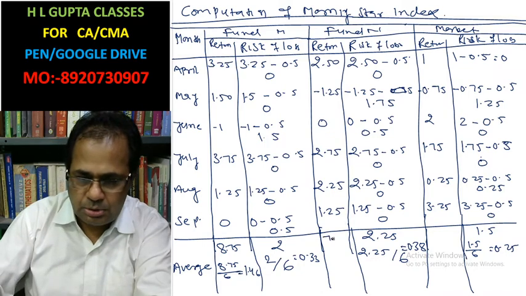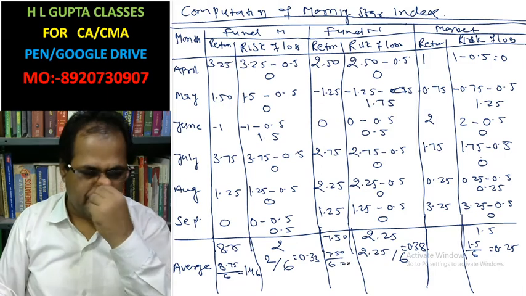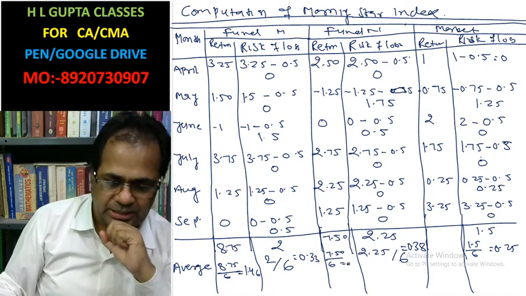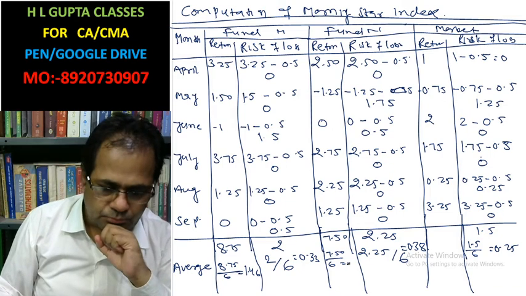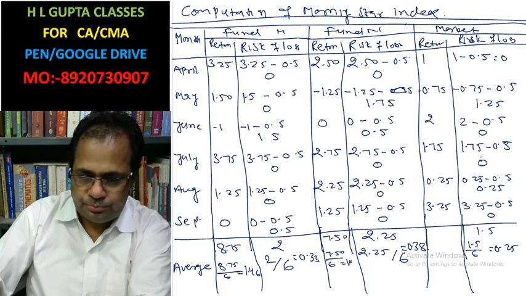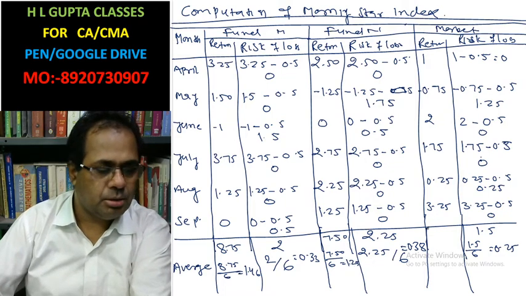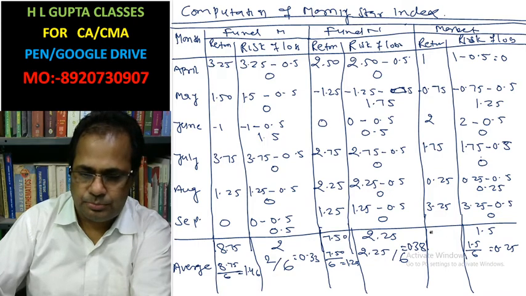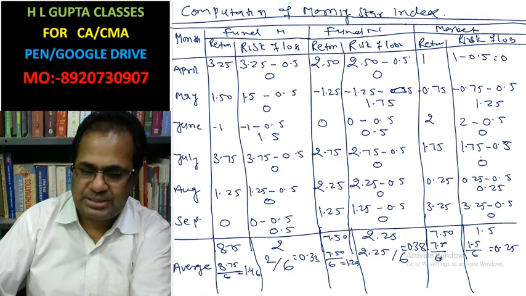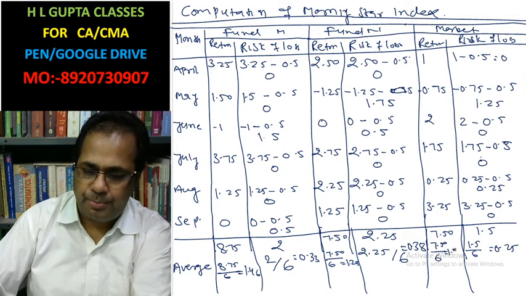Similarly, in this case the return is 7.50. 7.50 divided by 6 will come to 1.25. The total return of market is 7.50, divided by 6 because of 6 months, and this is 1.25.